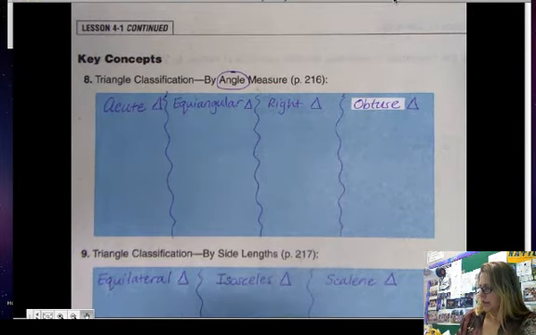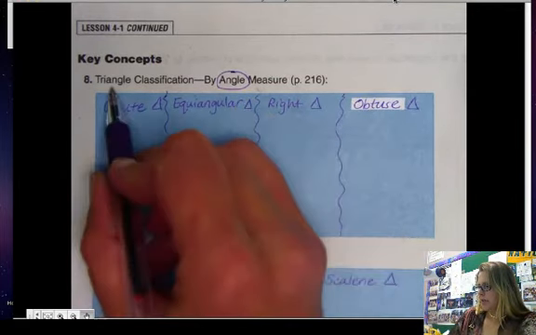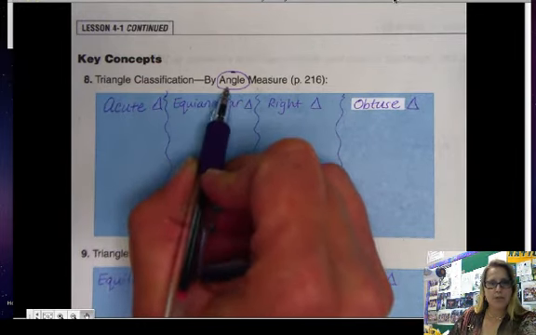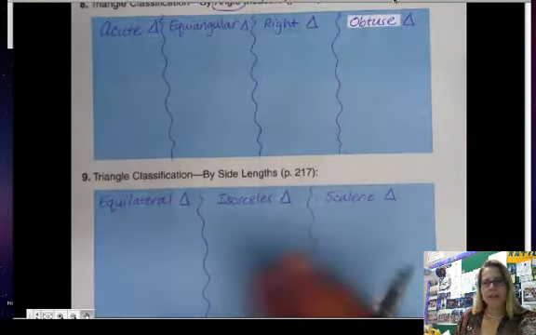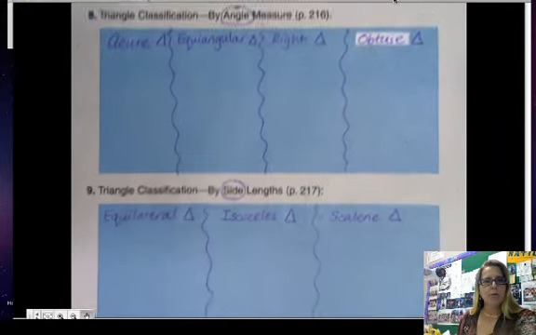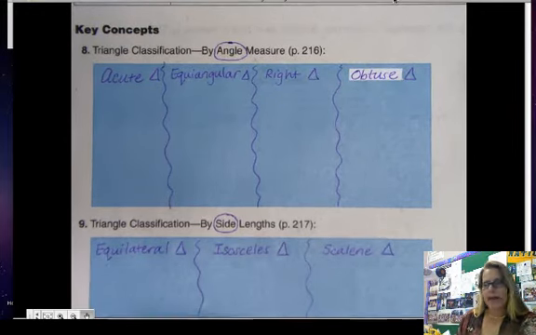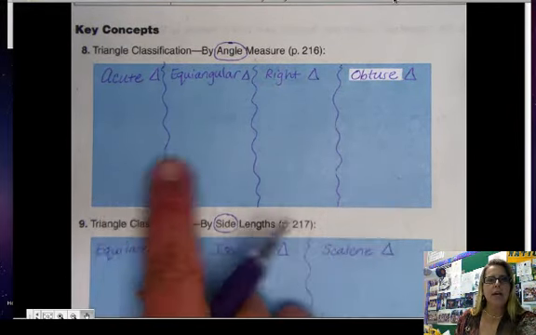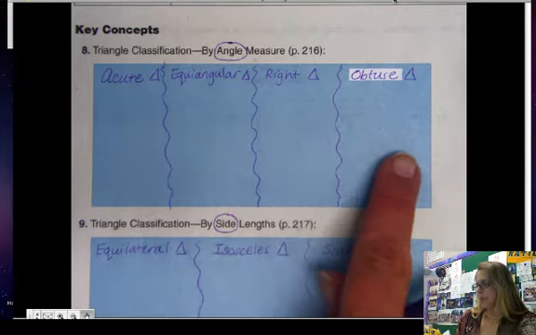First of all, we're going to classify the triangles by their angle measures. Then we're going to classify triangles by their side lengths. By their angle measures, we have 4 different classifications: acute, equiangular, right, and obtuse.